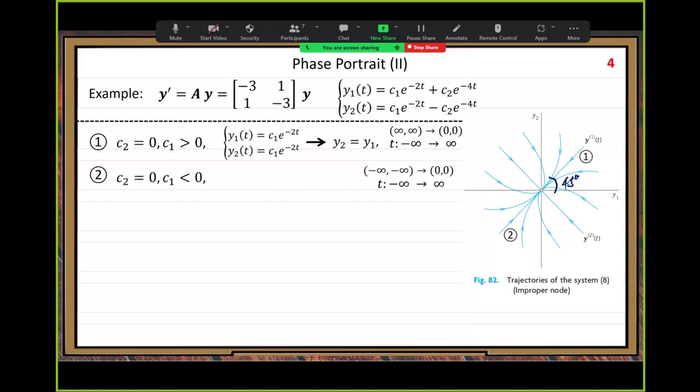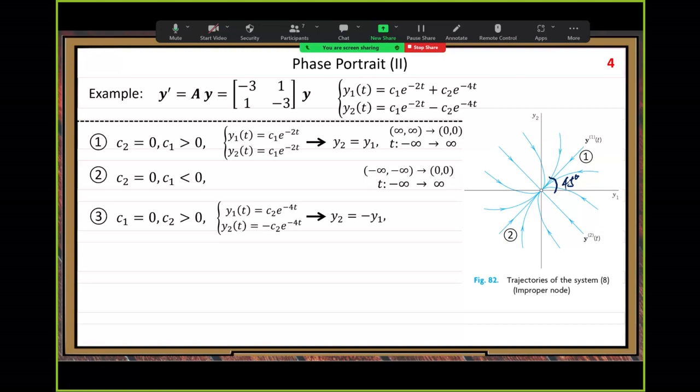All right, type 3. This time C1 equals 0, but C2 is positive. So the C1 terms are all gone. The C2 terms are similar, but y1, y2 are just the opposite. So the equation is y2 equals negative y1. That's this straight line.